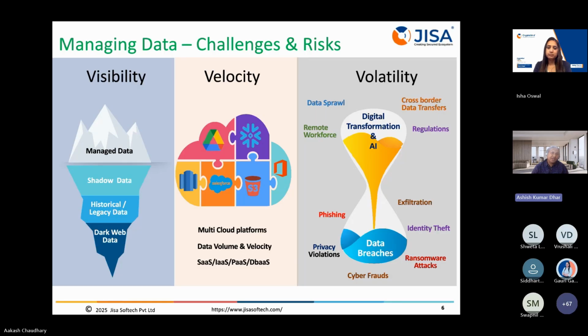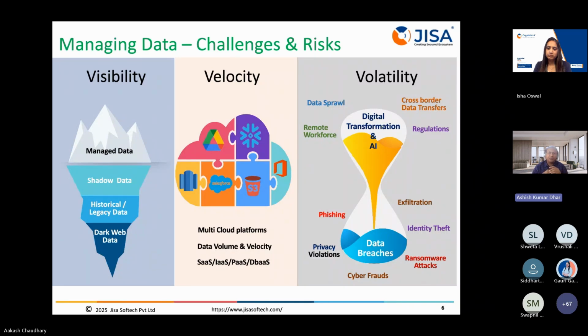There is a lot of data sprawl because of which we see a lot of challenges with respect to data surface attacks, people facing different kinds of frauds and scams, ransomware attacks, identity thefts. So these are obviously the challenges which, with this act and these rules coming into place, give us a way to mitigate all of that.